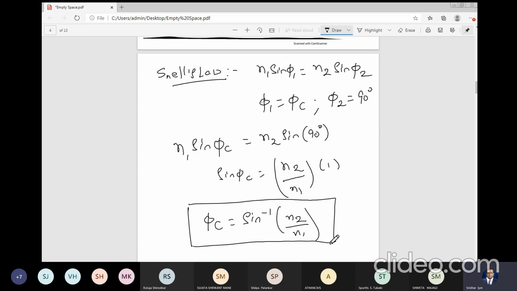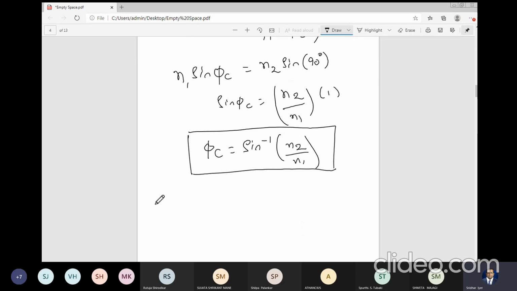Right? So what is total internal reflection? If you scroll down here, how do we define this?